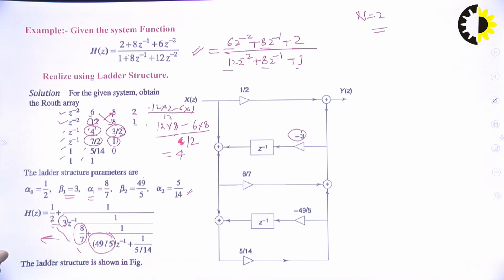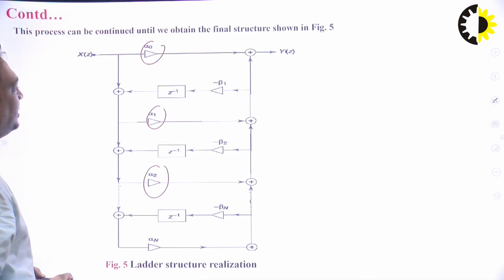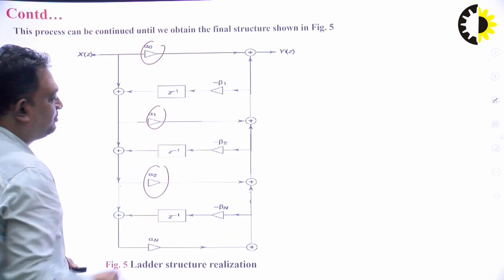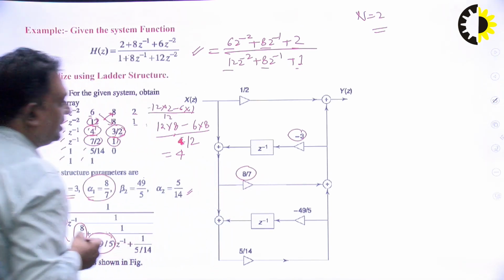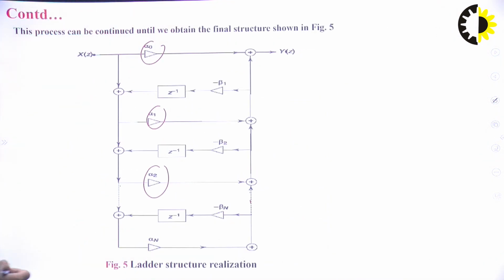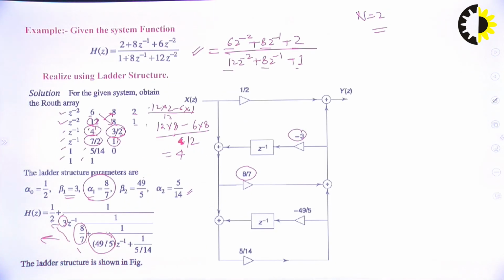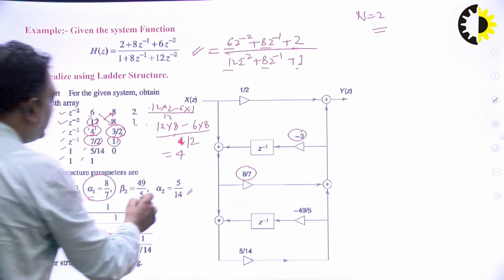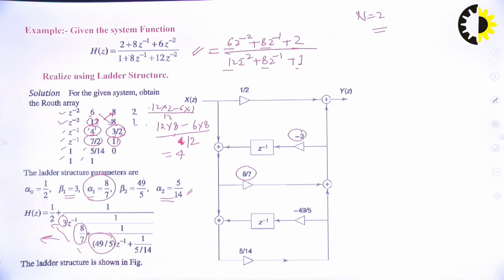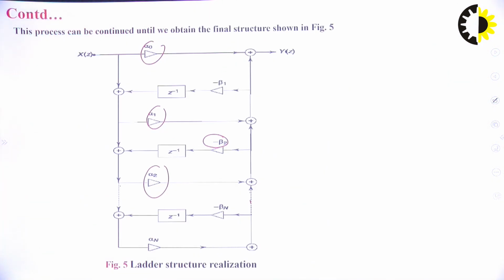The next term is alpha 1, that is 8 by 7, so you will put 8 by 7 over here. Then it will become beta 2, which in the structure is minus beta 2, so this is minus 49 upon 5 and z to the power minus 1. And the last value is alpha 2, which is equal to 5 by 14. So you will put alpha 2 over here.